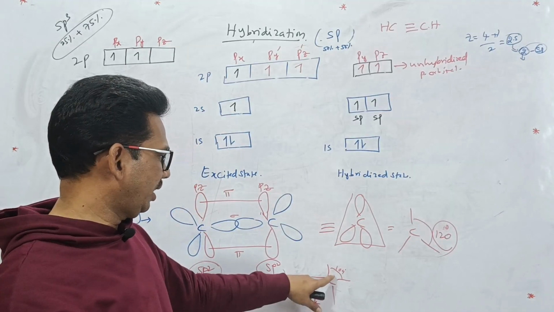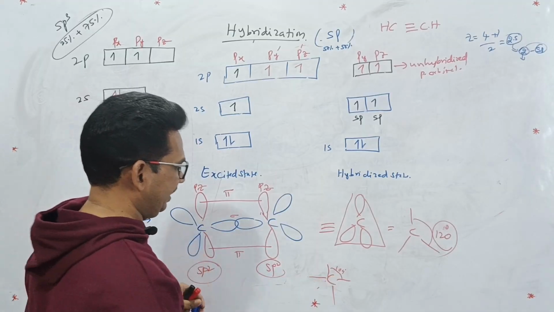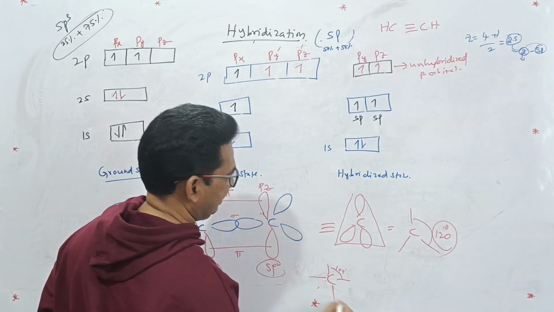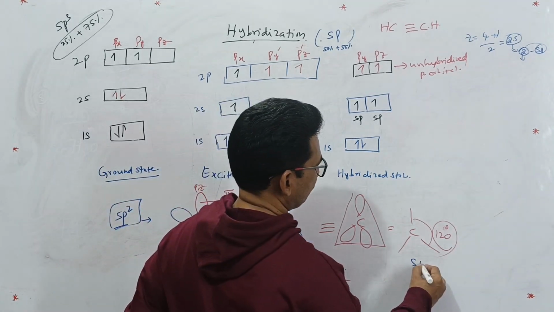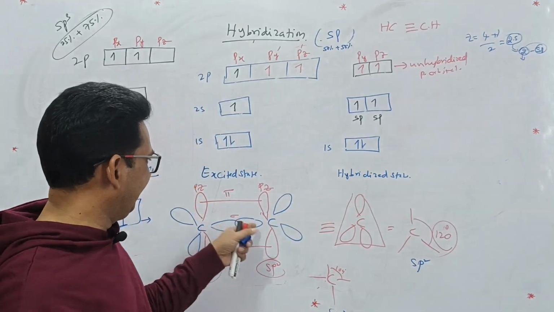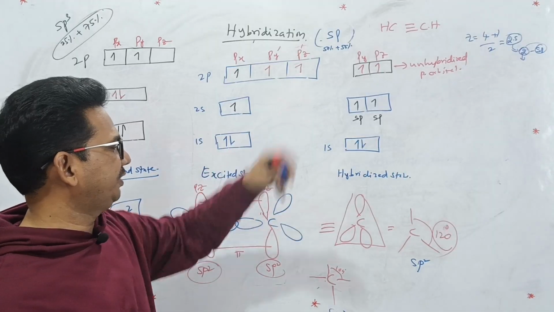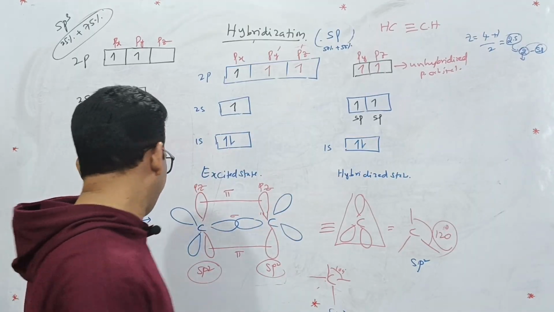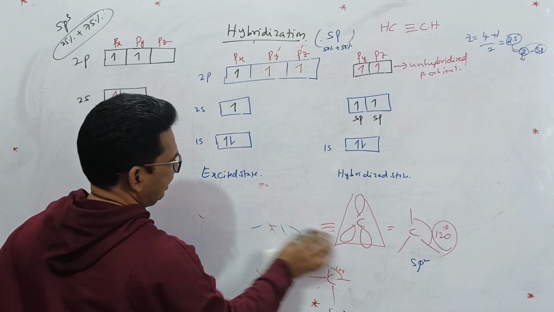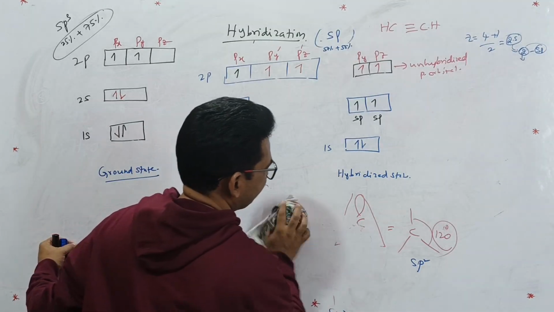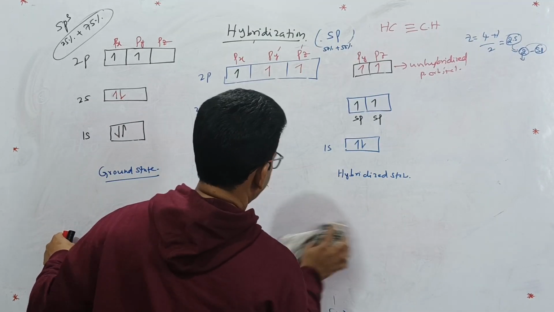Okay, now see the geometry, the structure. Tetragonal in case of sp3, trigonal in case of sp2. Then in case of sp, how will you write the orbital structure? Just see here how I am going to write the orbital structure for the sp.